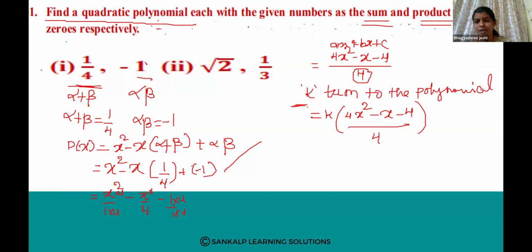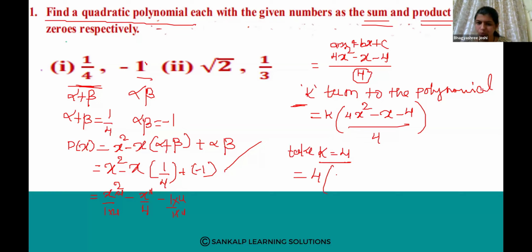Why did I take this k term? So that I can cancel this 4. How does it cancel? When I take k is equal to 4, this 4 and 4 will get cancelled. Only the numerator remains, right? If I take k is equal to 4.